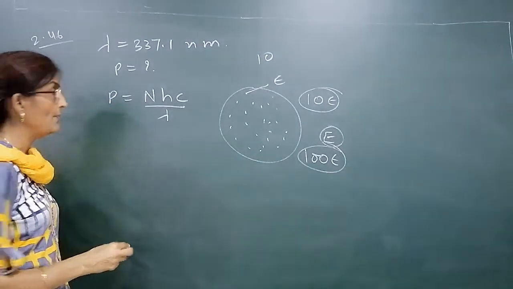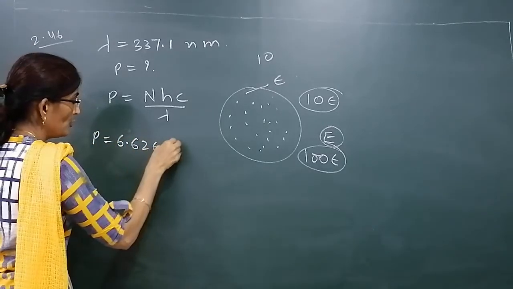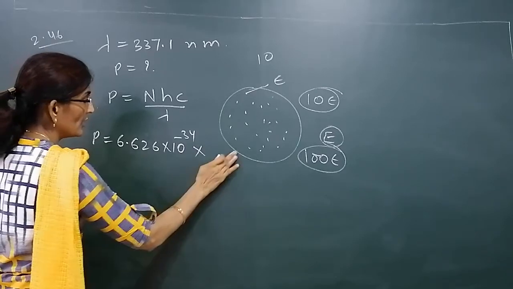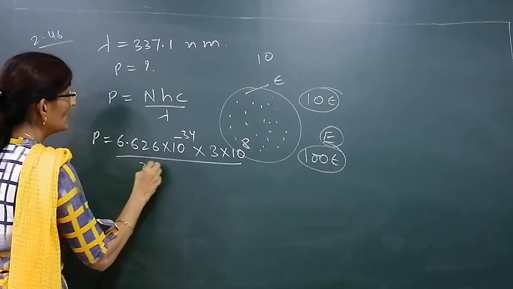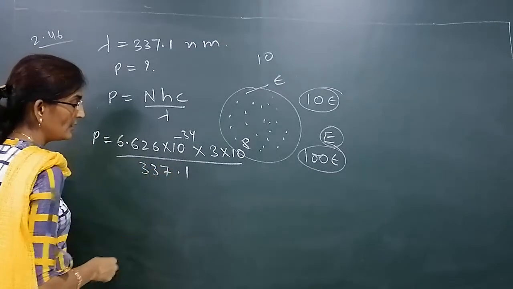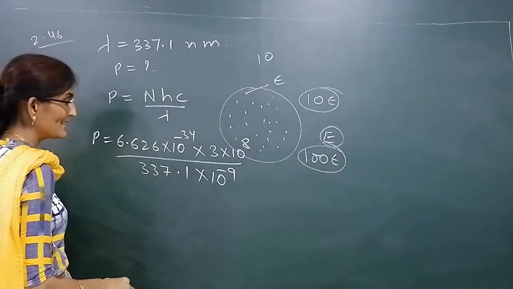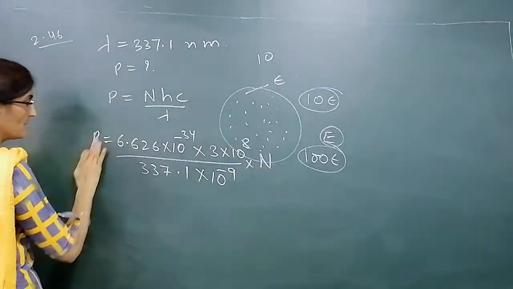P = nhc/lambda. So P would be, h is 6.626 × 10^-34, c is 3 × 10^8, lambda is given as 337.1 nanometer. If you want to convert it into meters, it is 10^-9. And n is the total number of photons, which we have to determine.